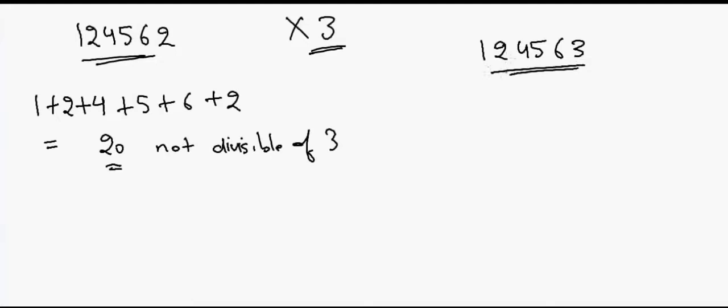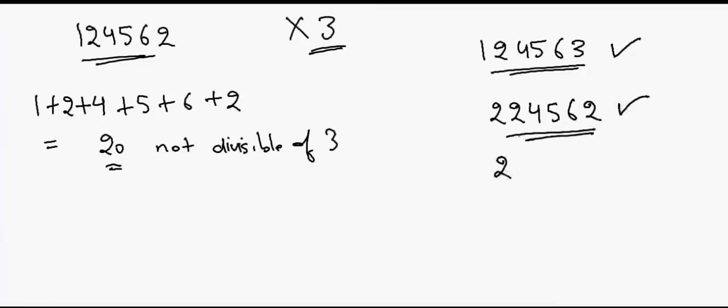Or we can change any other digit. We can say 2 2 4 5 6 2, that should also be divisible by 3. Or we can increase 1 in each of these digits and say 2 3 5 6 6 2. This should also be divisible by 3.